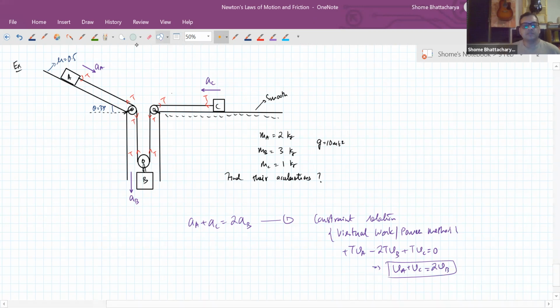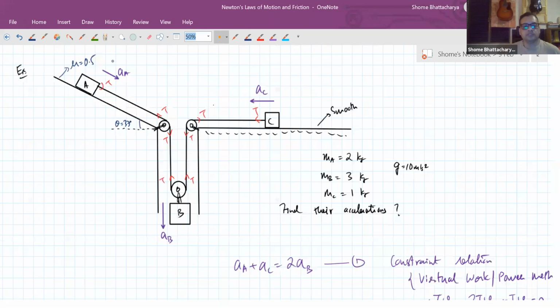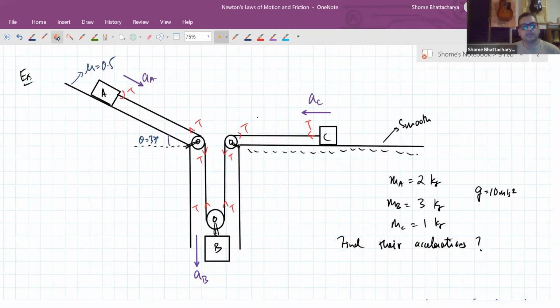And the rest, of course, is about understanding the free body diagram. So we'll just show the other forces directly over here.